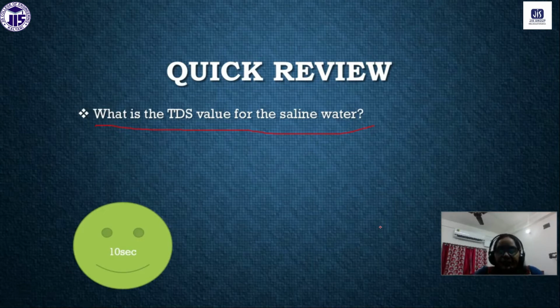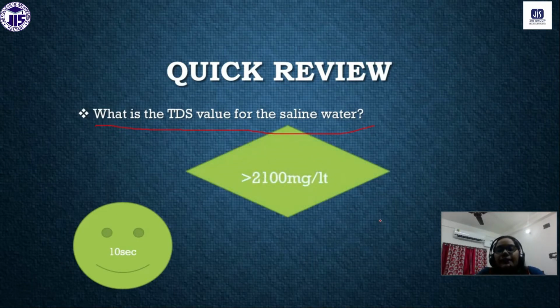Now, here is the answer. It is greater than 2100 milligram per liter. This much TDS we have for saline water. Saline water means we have many salts dissolved in this water.